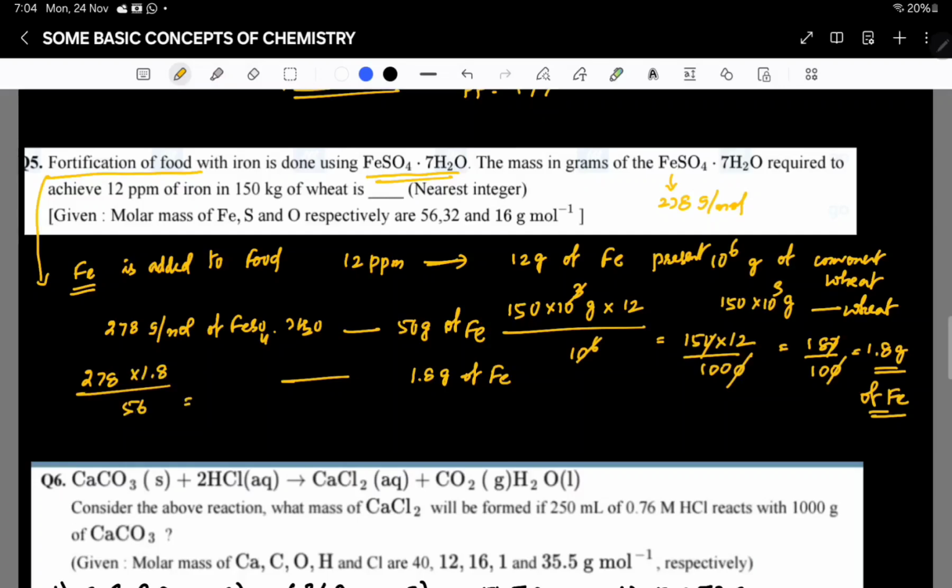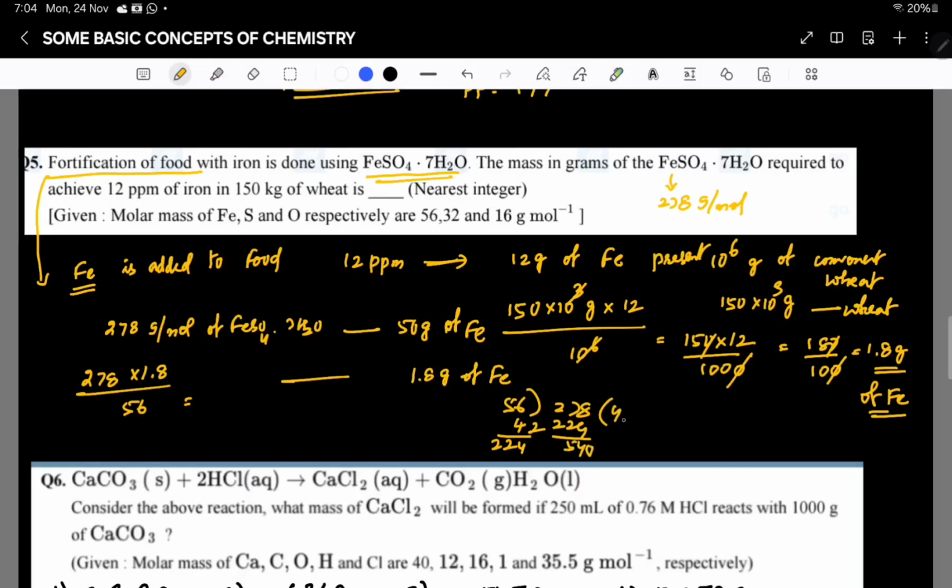Just do the calculation, student. 56 5s are 280. Then 56 4s are 224. So the remainder will be around 54.